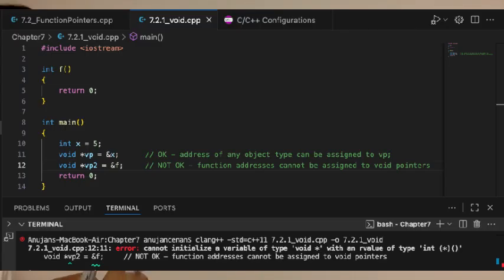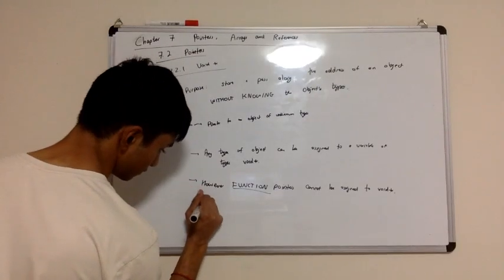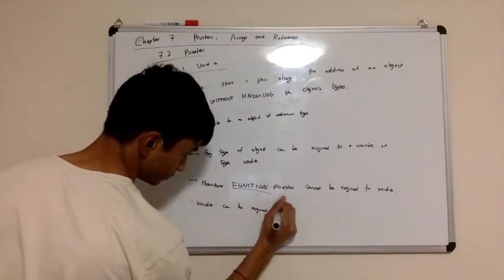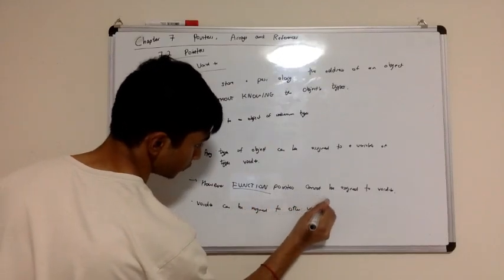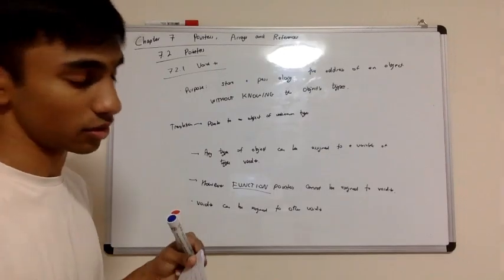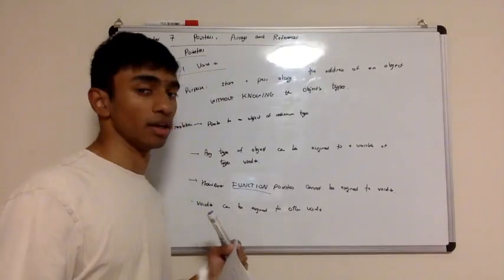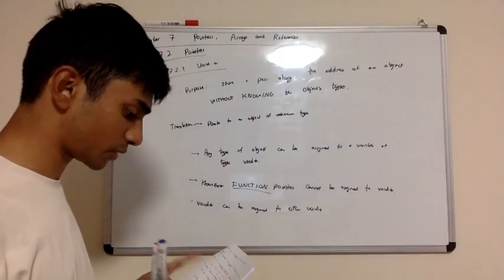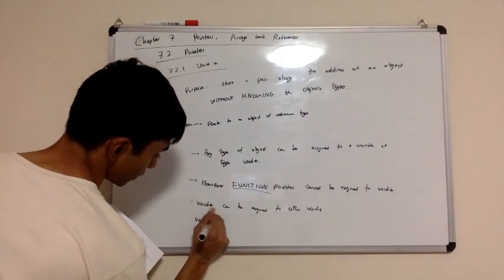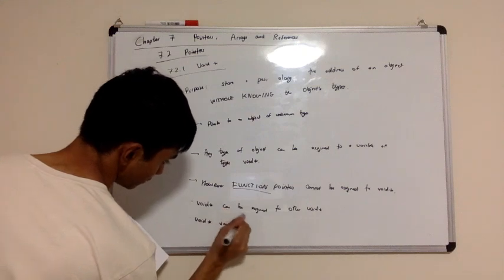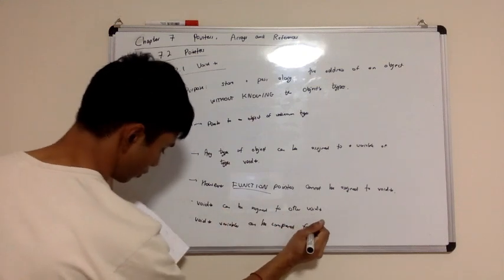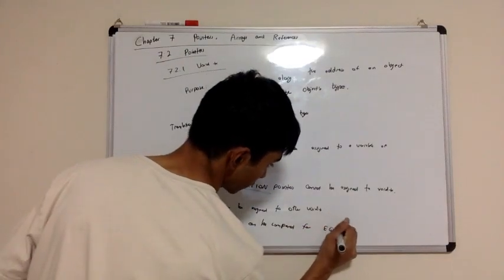Void stars can be assigned to other void stars. So if you already have a void star pointer, you can make that the value stored in a new void star pointer that you declare. And void star variables can be compared for equality.